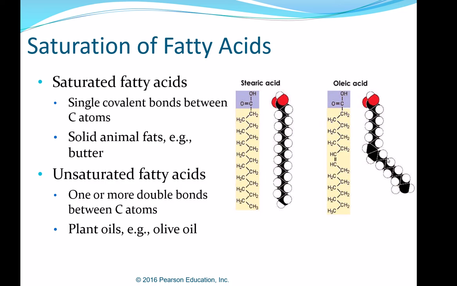But that is why the animal fats, which are saturated, tend to be solid at room temperature, whereas the plant fats tend to remain oils at room temperature because of this unsaturation, because of this double bond between the carbon atoms and the little kink that it causes in the structure of the fatty acid.